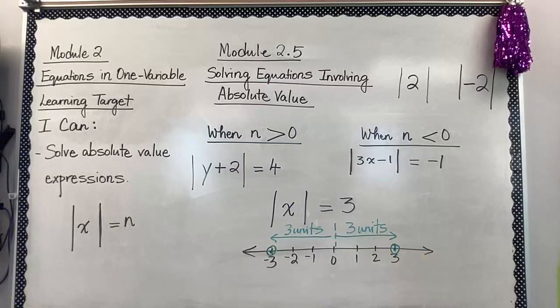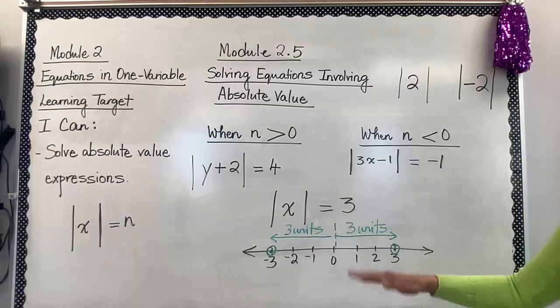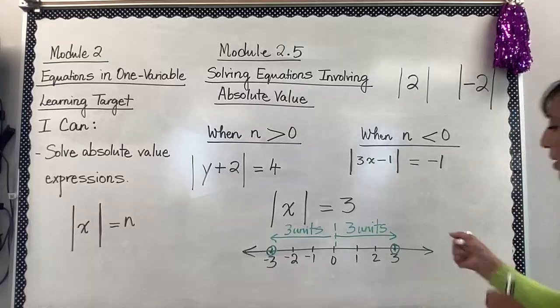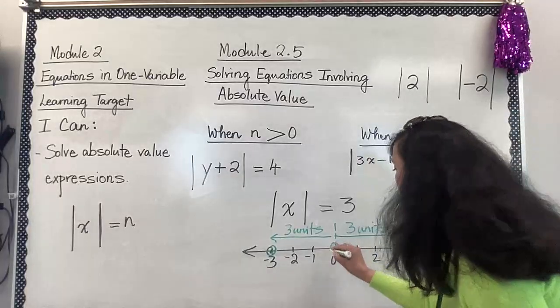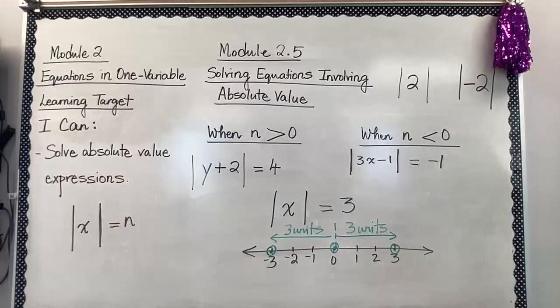The distance between 0 and negative 3 is 3, so negative 3 is a solution to the equation, and 3 is also a solution. And if I was graphing it, this is how I would graph it. We are looking from 0 all the way here and all the way there. And that's basically what absolute value means.